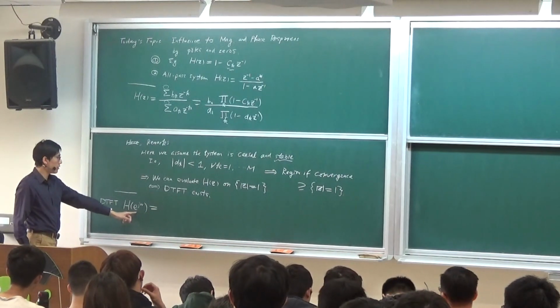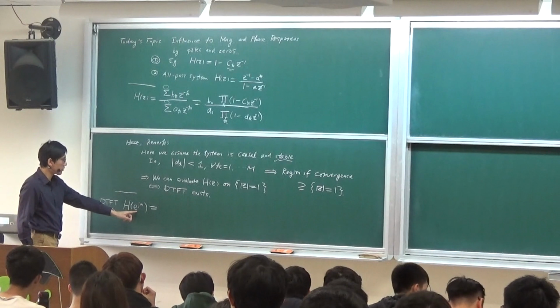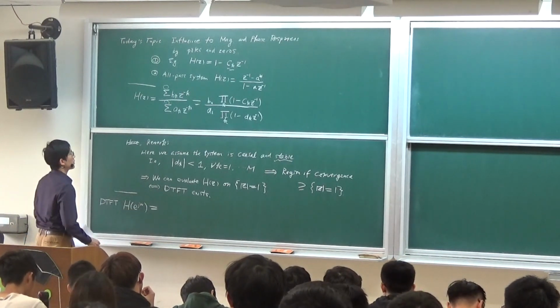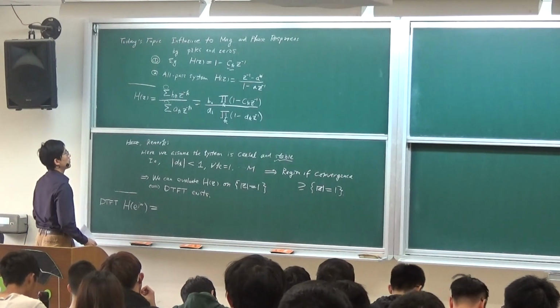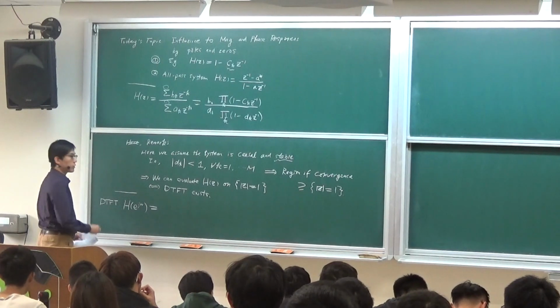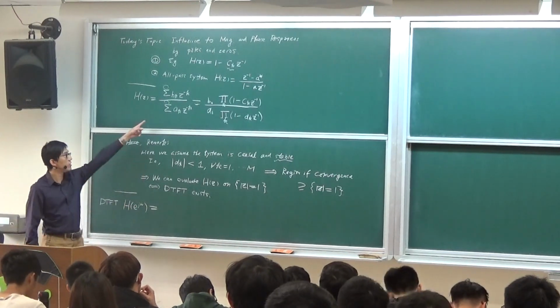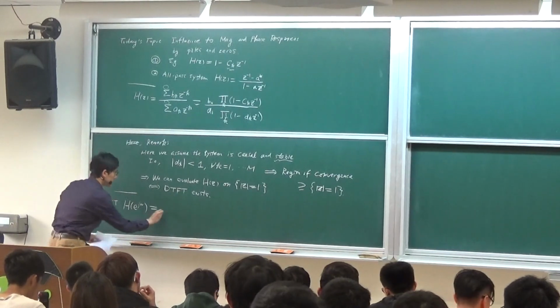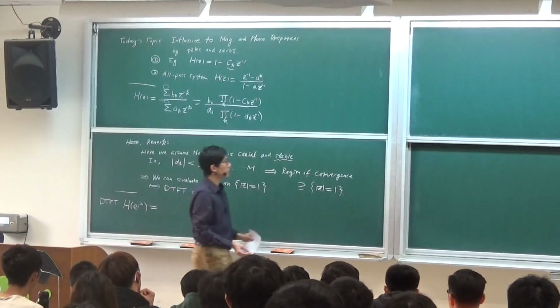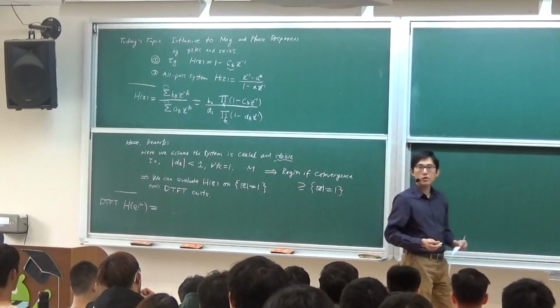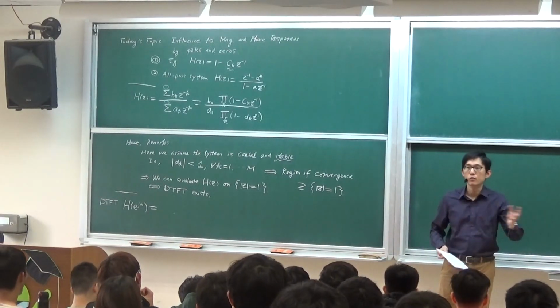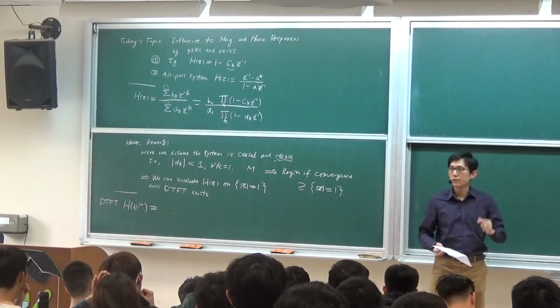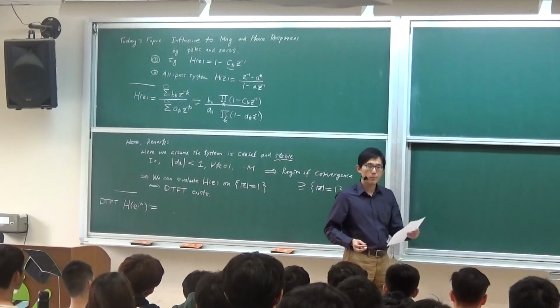We will evaluate the system function on the unit circle, and that can be done. Just replace z by e to the j omega everywhere. Let's try to consider magnitude and phase separately. Let's first take a look at the magnitude response.